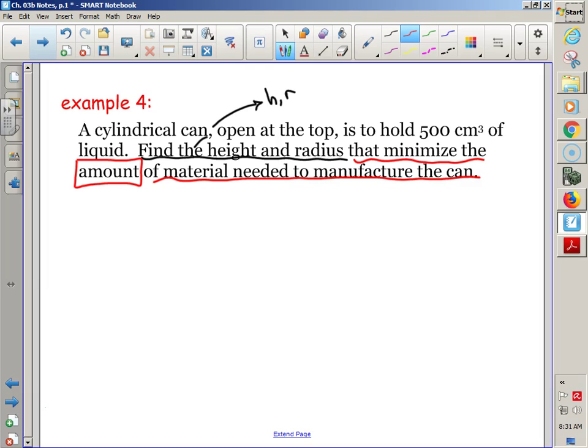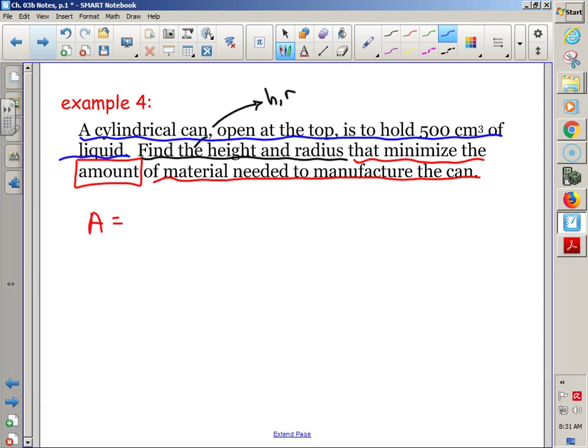Okay, so I found my primary quantity to minimize. But why am I changing to blue? This is something of a cylinder, not area though, it's cubic.